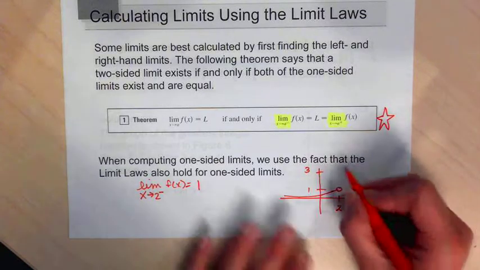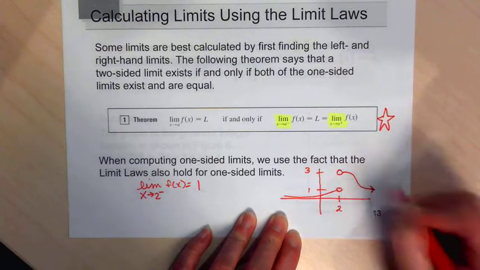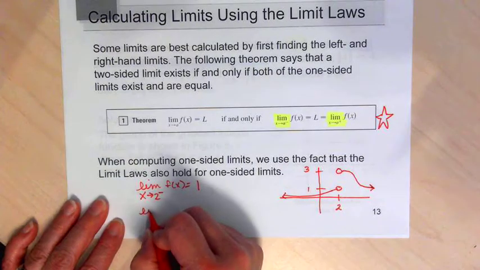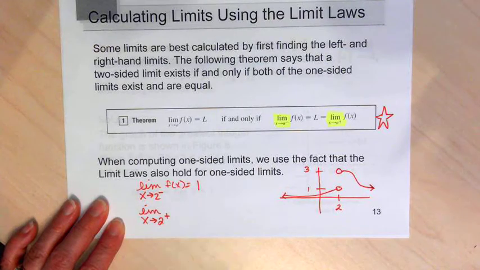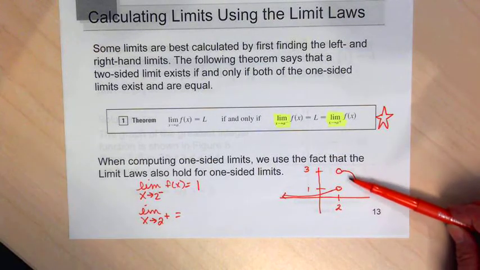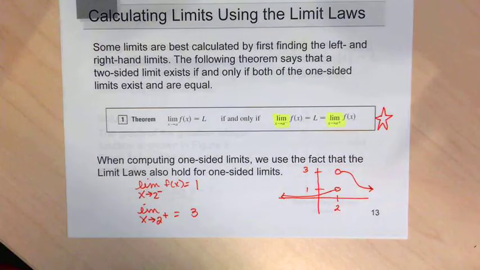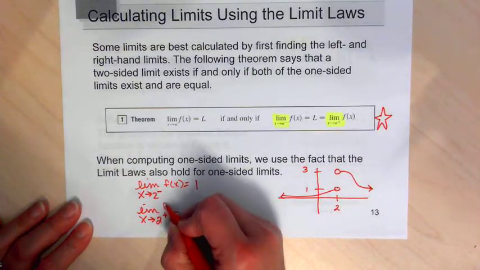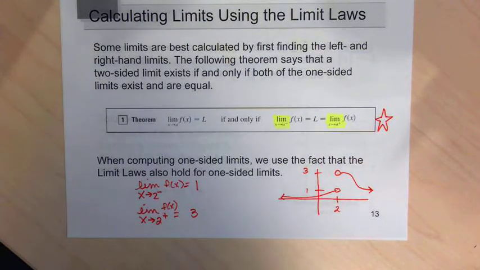Look at it from the right, let's say the function does something like this. So the limit of f of x as x approaches 2 from the right, coming in from the right, notice that the value of the function is approaching 3.